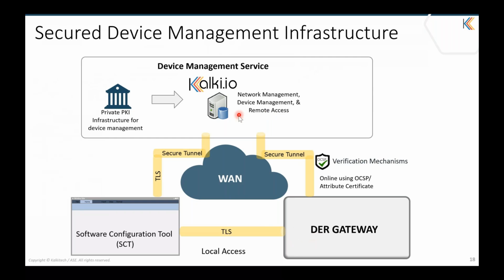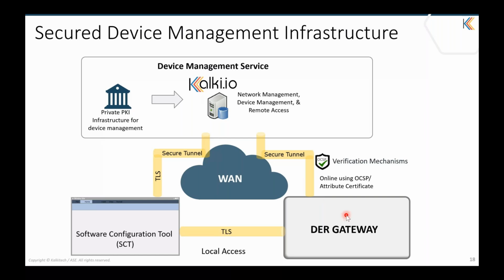And each user will be issued with an X.509 certificate from the data hub, and that certificate will have the permissions check if we are using attribute certificate based authentication, or if it's OCSP based, whenever a user submits a certificate, the gateway will immediately check the validity of the user and the permissions which the user is trying to access.